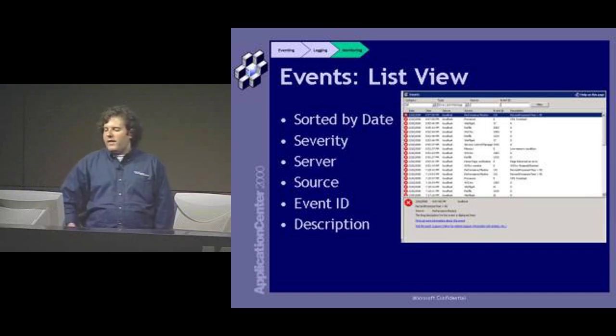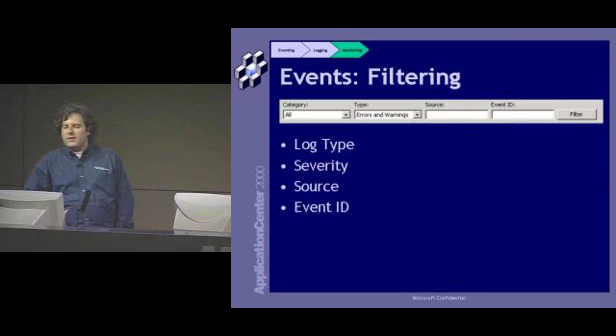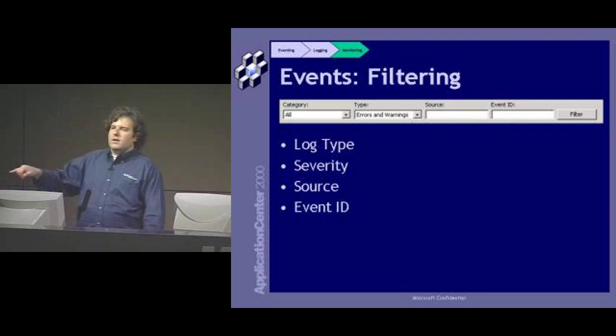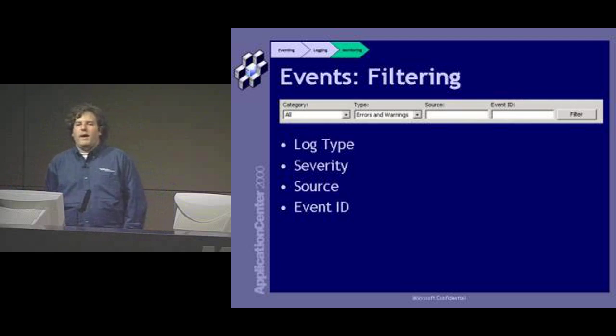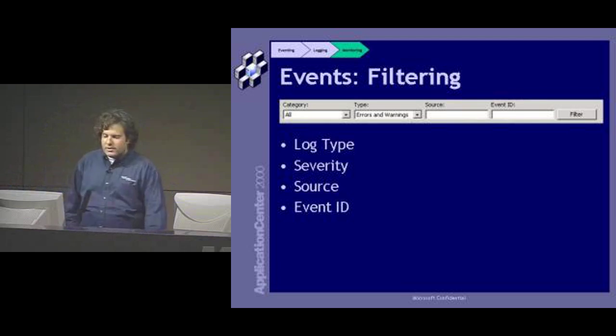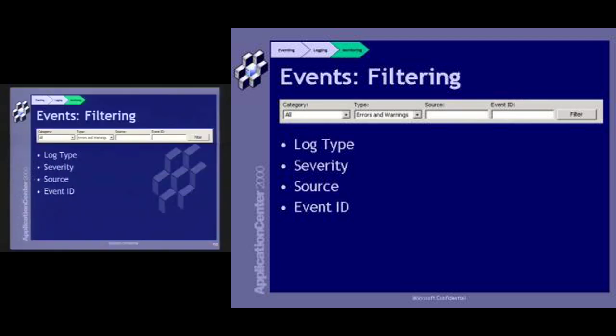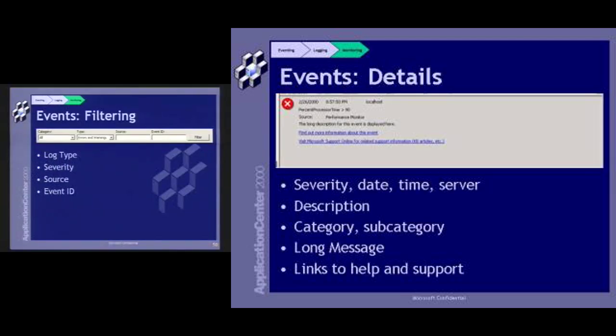For health monitor events, the source is the data collector name, the ID is a threshold ID, and the description is the threshold name. You can filter events by log source.